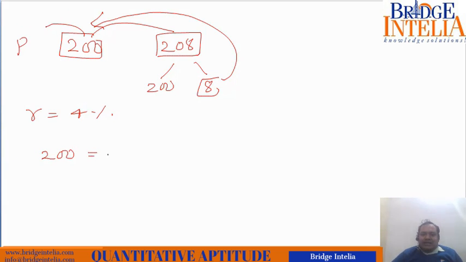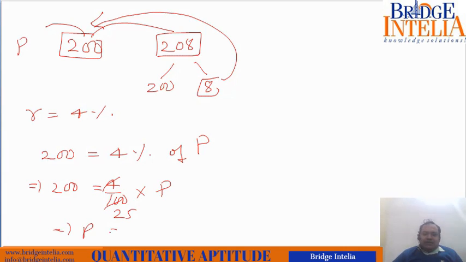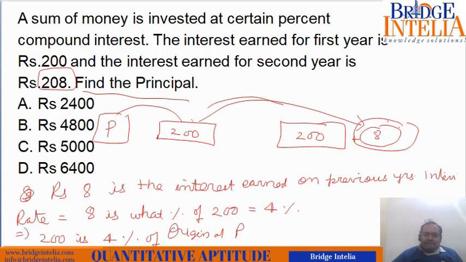So you can say that 200 is equal to 4% of the original deposit P. So 200 is equal to 4 by 100 into P. So P comes out to be 25 into 200, which is equal to 5,000. 5,000 is the original deposit.